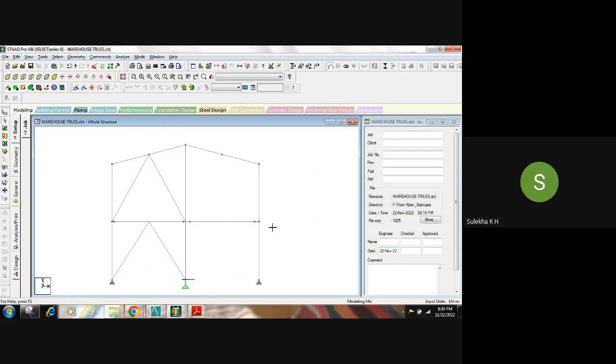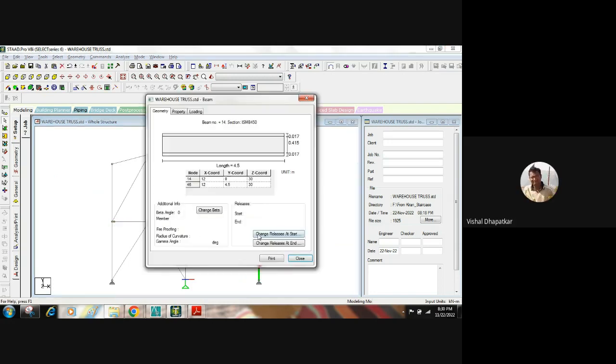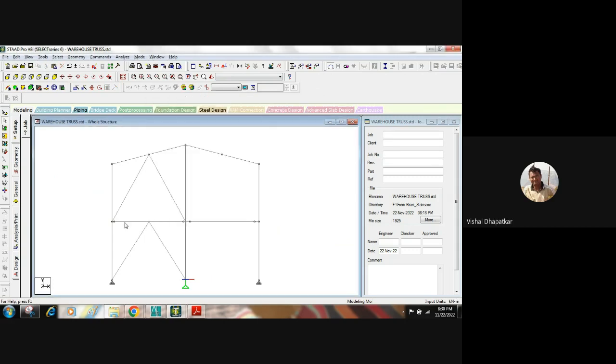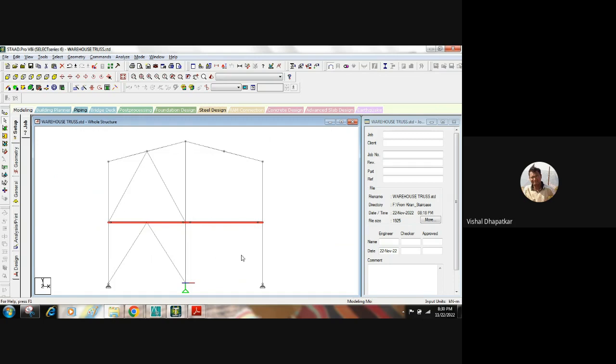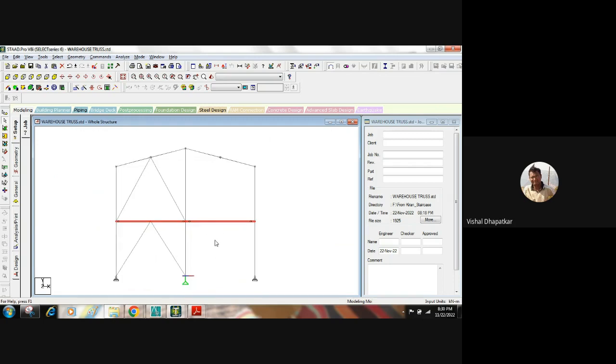Yes, you can adjust the tie member. Normally the height is around 3 meters or something, so it is already at 4.5 meters. So if required, you can just elevate this member as per your shutter height. Then you can provide some channels on this side so that a shutter can be fixed on that.